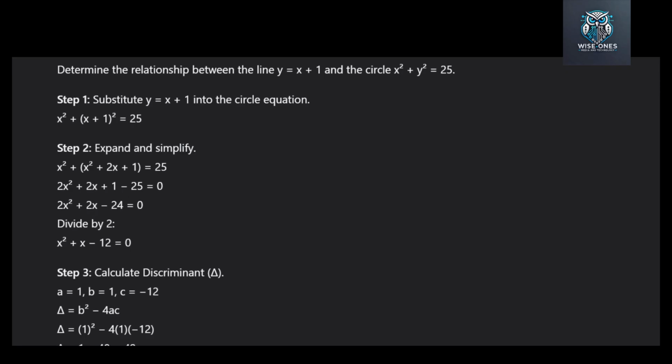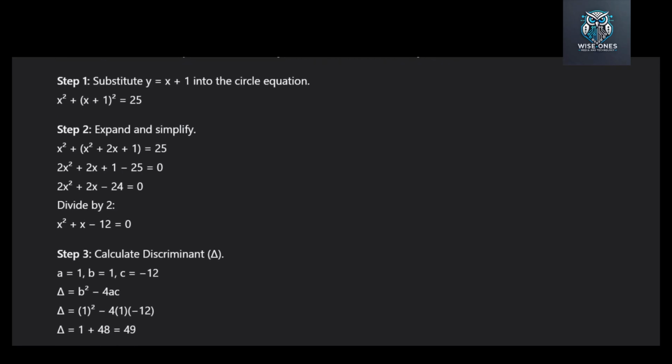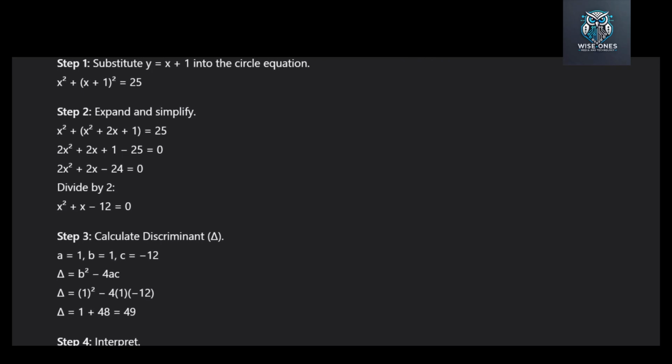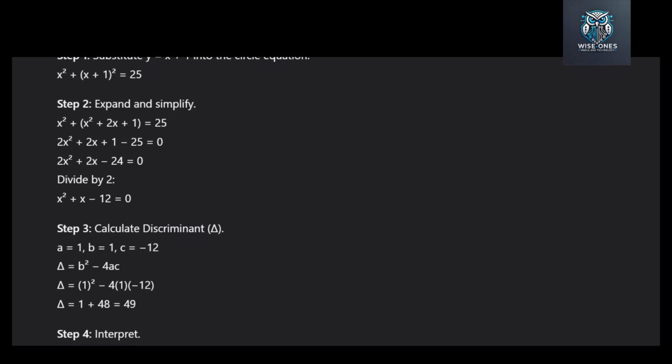Subtract 25 from both sides to make it equal 0. 2x squared plus 2x plus 1 minus 25 equals 0. 1 minus 25 is negative 24. So 2x squared plus 2x minus 24 equals 0. We can simplify this by dividing everything by 2. x squared plus x minus 12 equals 0.